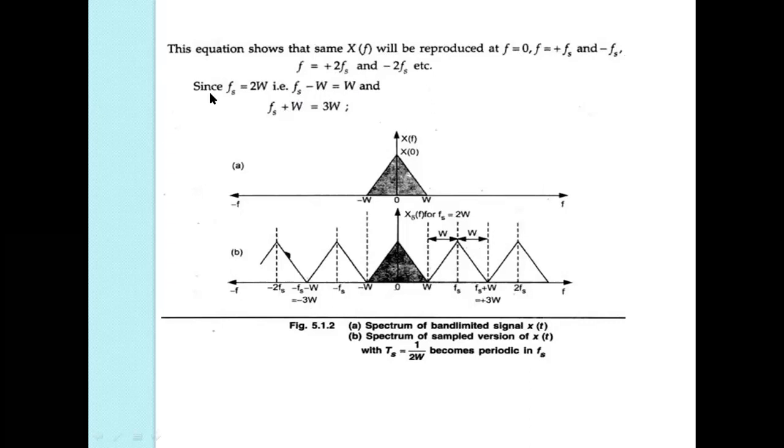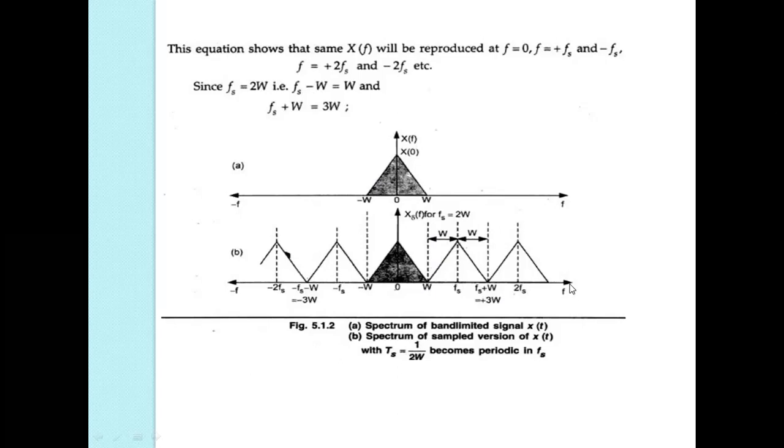Now it repeats periodically like this. Fs minus omega is equal to omega in this function here.